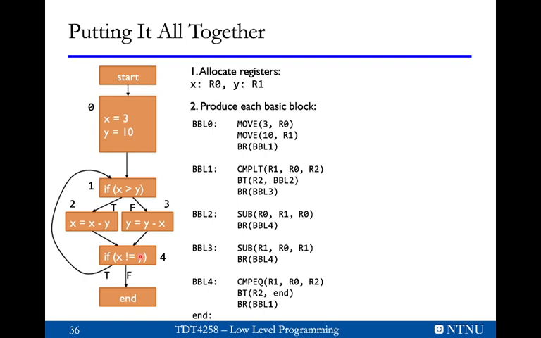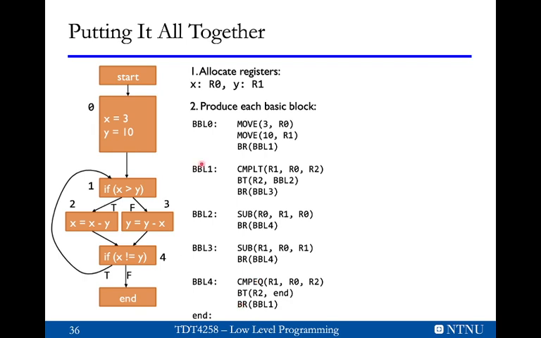This is very similar to our translation of basic block 1, so we do a comparison, this time a comparison for equality. So we're again turning the condition around, and if the comparison for equality holds, so if they're equal, we jump out of our program, and if they're not equal, we jump back to basic block 1, which is the beginning of our loop.